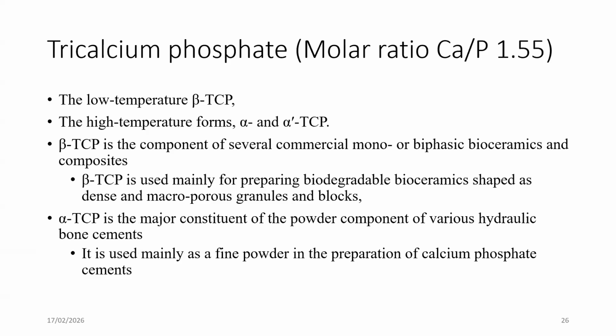Now, TCP comes in two different types, alpha TCP and beta TCP. Beta TCP is the component of several commercial mono, biphasic, bioceramics, and composites. Now, beta TCP has been used. I think I've written down the molar ratio of calcium to phosphate is 1.5. Do you know the molar ratio of the hydroxyapatite molecule?